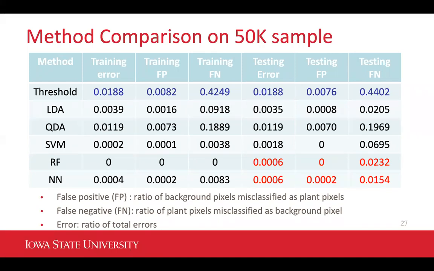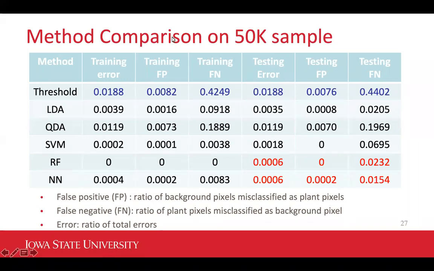Once we have this 50,000 subsample, we split it into 40,000 for training and 10,000 for testing. So let's look at the result. First, let me explain a little bit. The training error and the testing error are the total errors over the total number of pixels, so it's a ratio of total errors.